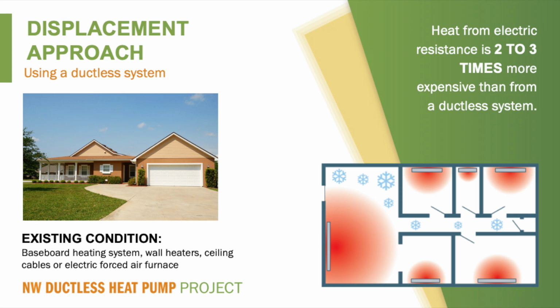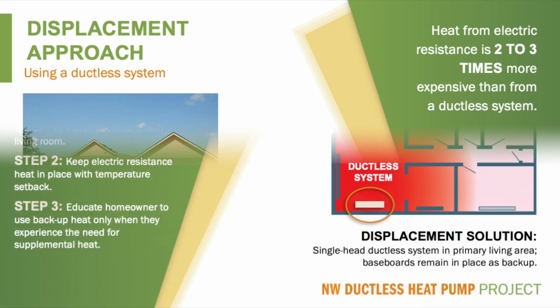Specifically, the project supports the displacement of electric resistance heat, which is produced by baseboard heaters, wall heaters, electric forced air furnaces, and ceiling heat. These forms of heating use electricity directly to produce heat, and it is 2 to 3 times more expensive to produce heat this way when compared to a ductless heat pump. Electric resistance heat is often less comfortable too.